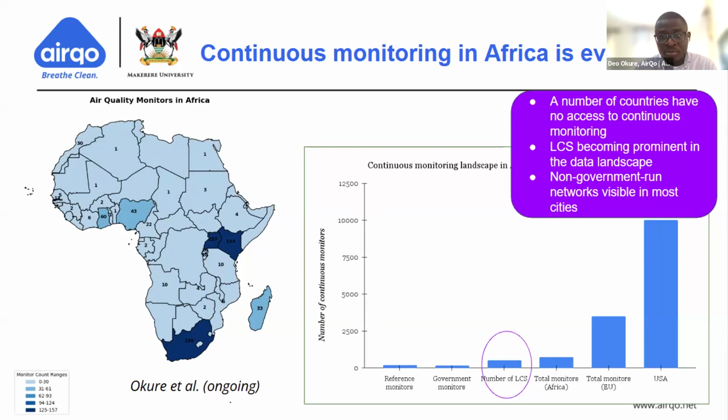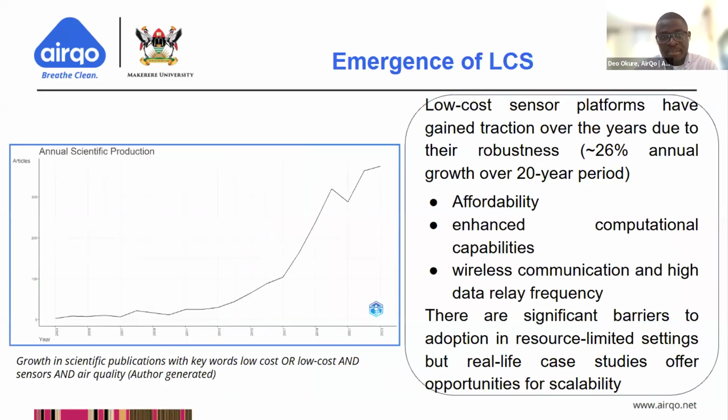And secondly, that we've also seen the emergence of local sensors increasingly becoming very prominent within the data landscape, and that government-run networks are actually less visible, or you find non-government initiatives kind of closing the gaps in terms of monitoring, which I think is very progressive in a way that if we prioritize the availability of data, then it makes it easier for us to tackle the shared problem we're all trying to address.